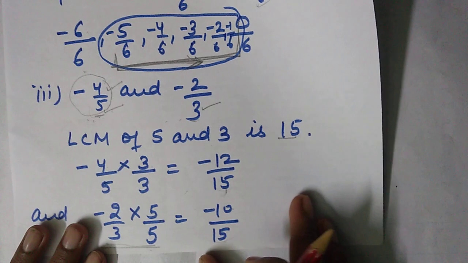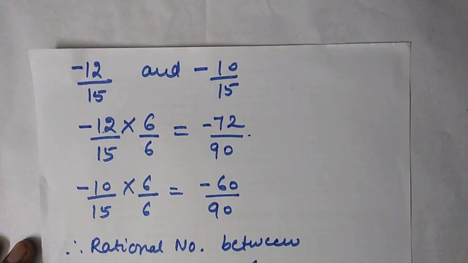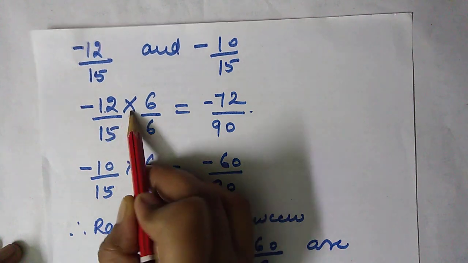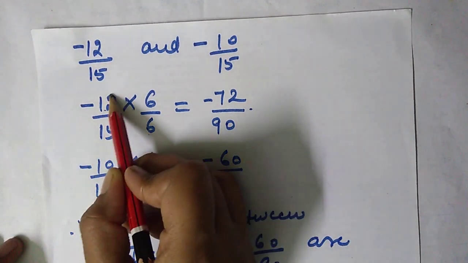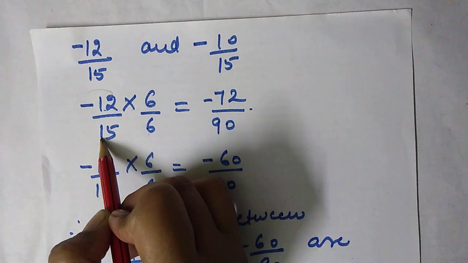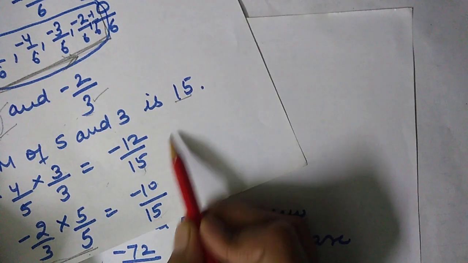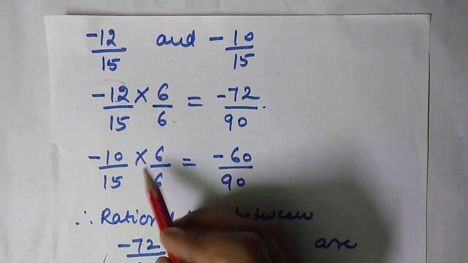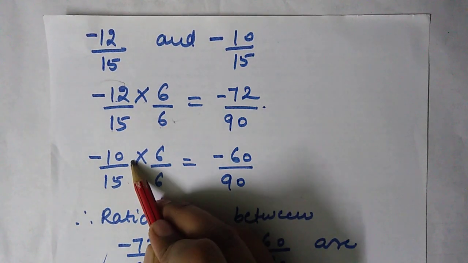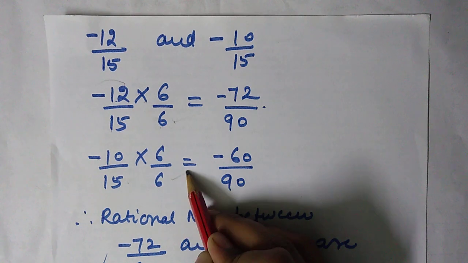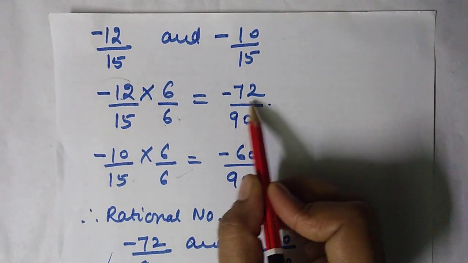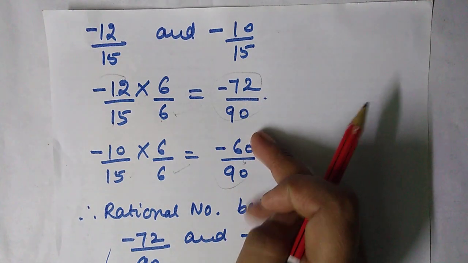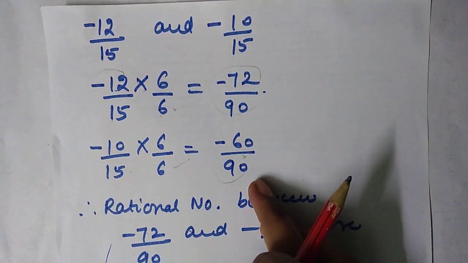Then I will multiply the numerator and denominator by 6. First fraction, that is minus 12 by 15, I will multiply the numerator and denominator by 6. Same for the second fraction. So I will get minus 72 by 90 and minus 60 by 90.